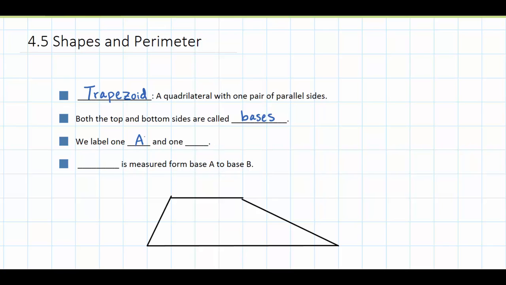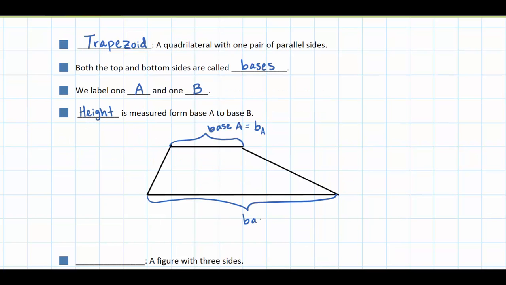We label one A and one B. The height is measured from base A to base B. Let's call this one base A, or B sub A. And let's call this base base B, or B sub B. So the height is from base A to base B. This is the height. And as I said before, we usually call it H.